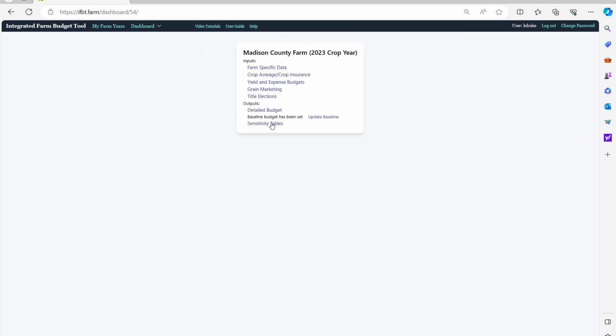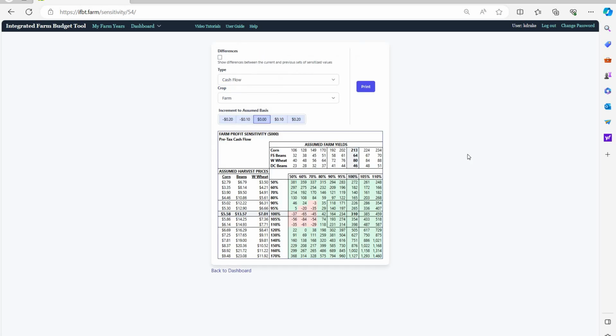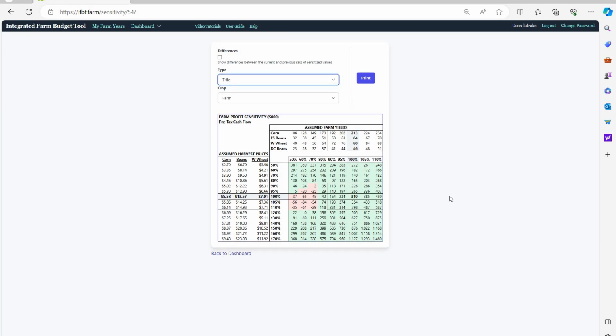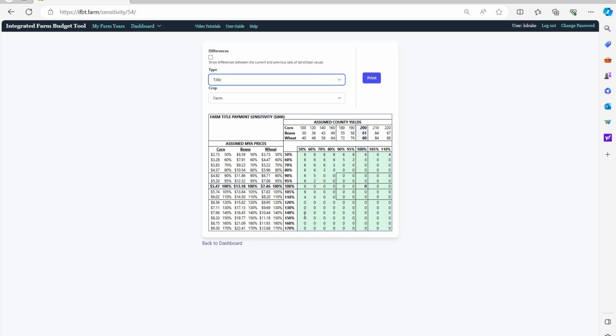Back to the dashboard, run our sensitivities. What we care about is title. Here you can see these are the payments that we would have made on our 175 wheat acres, had we elected them all to ARC-CO.